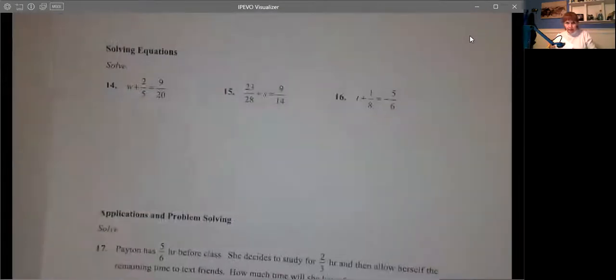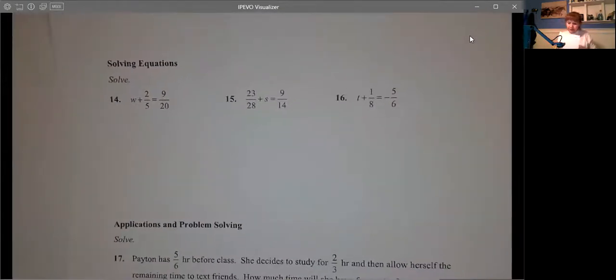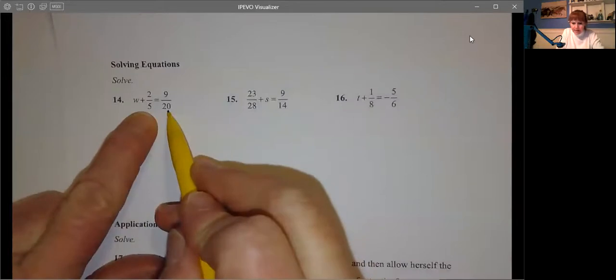One thing that is very important in this chapter is 14, 15, and 16. So here, this is an equation, and when you have an equation, you can get rid of the denominators here.